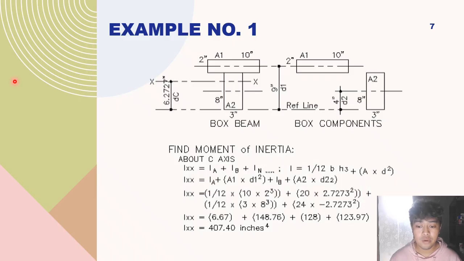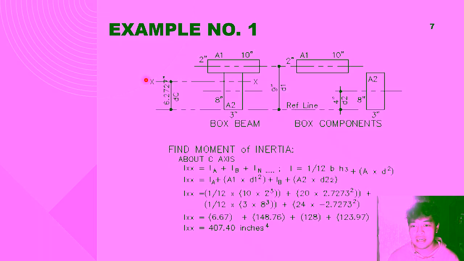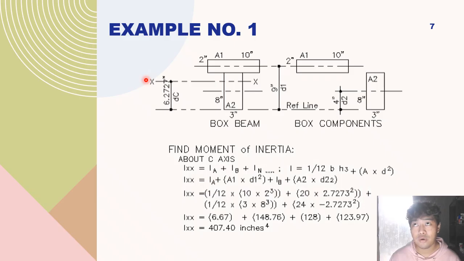We are going to compute for the total moment of inertia about the centroid, or the xx line. So xx line, that is our centroid. Actually, correction, my previous slide was wrong. Our goal today is not to compute for the moment of inertia about the reference line, but to compute for the moment of inertia about the centroid.